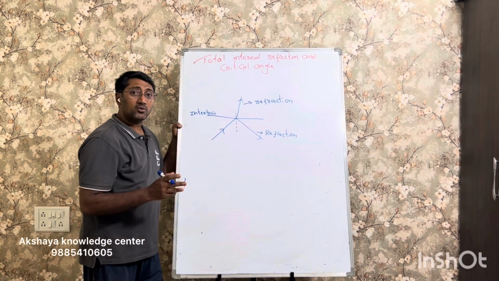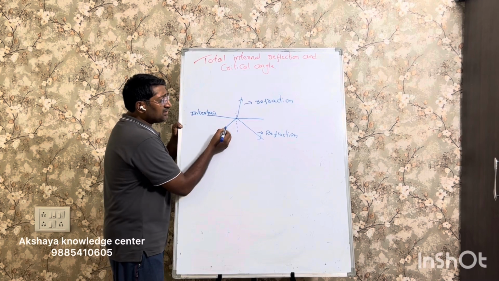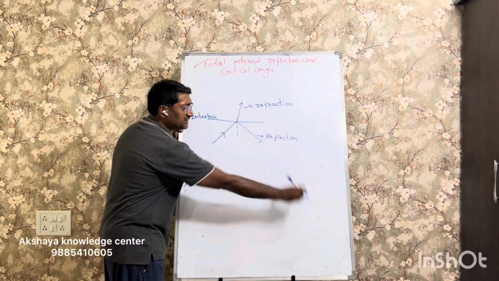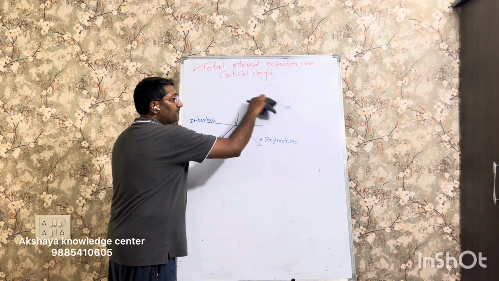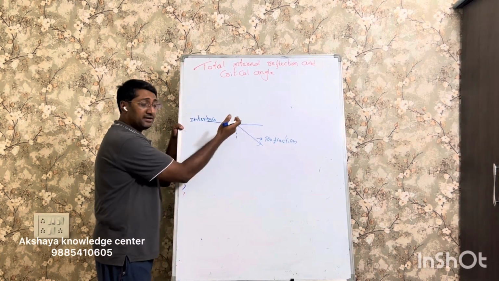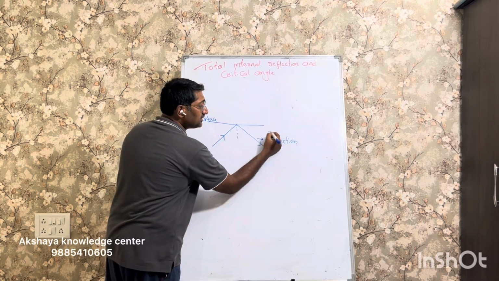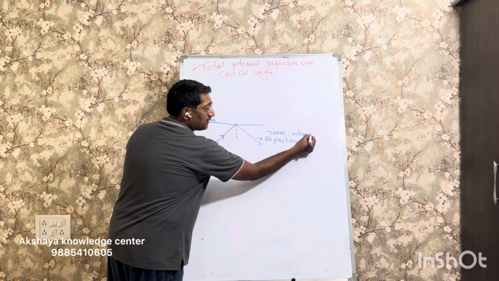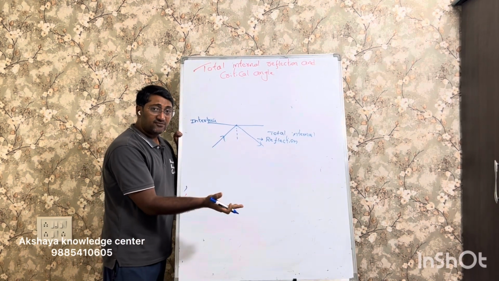Now let me talk about total internal reflection. If not even a little bit of light energy goes to the other side and everything comes back, let's say in a new example there is no refraction and all the light energy that we have supplied is traveling back in reflection, then we call this total internal reflection. So what is the difference between reflection and total internal reflection?